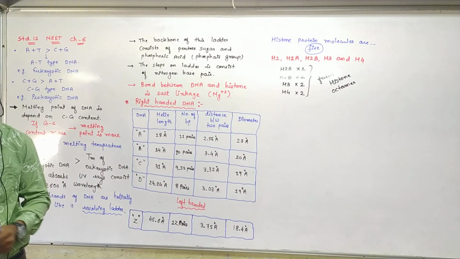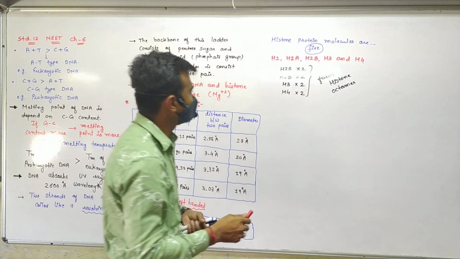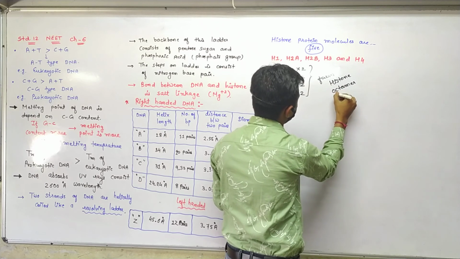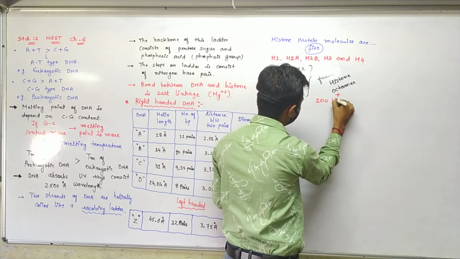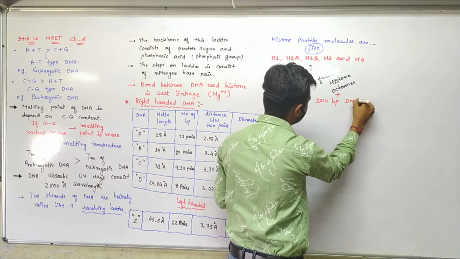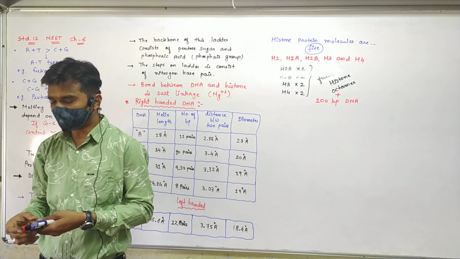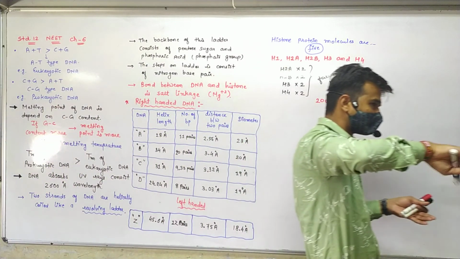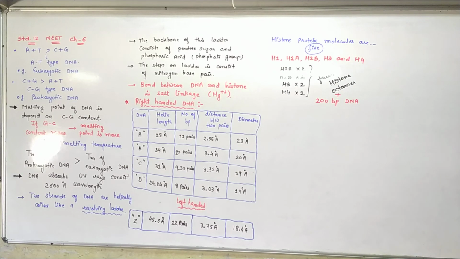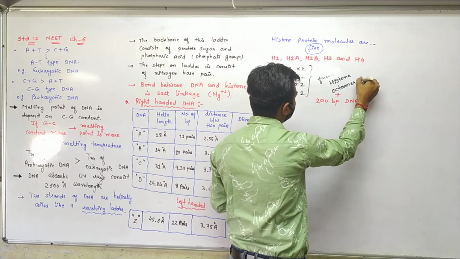Now this histone octamer is joined with 200 base pair consisting DNA. The 200 base pair DNA is wrapped around the histone octamer and forms what?